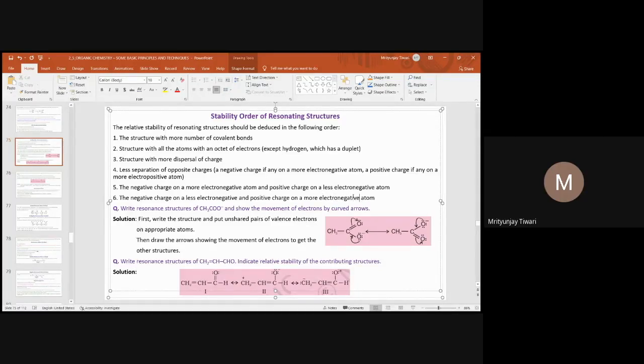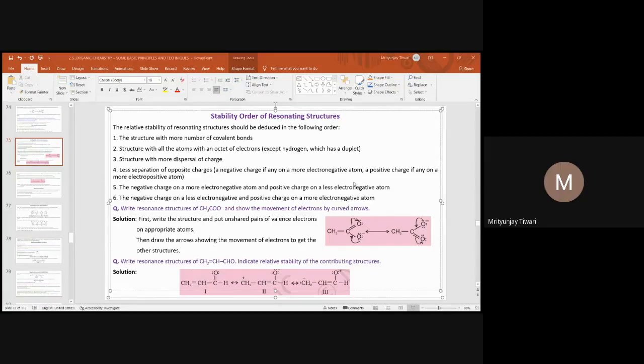Let us write it like this, otherwise it will be confusing. So the fifth rule is negative charge on a more electronegative atom and positive charge on a less electronegative atom. And the least stable will be the negative charge on a less electronegative atom and a positive charge on a more electronegative atom.